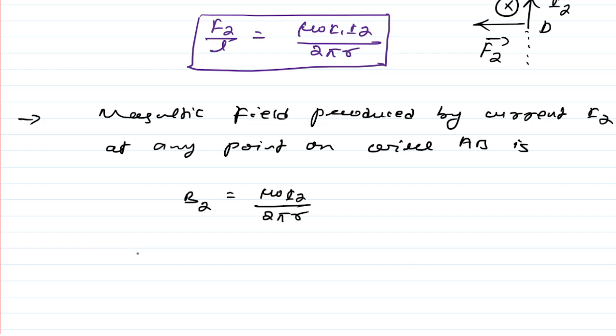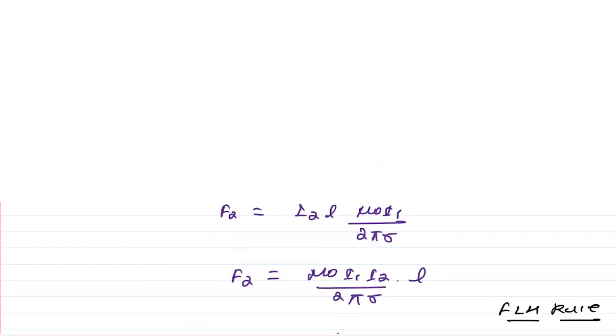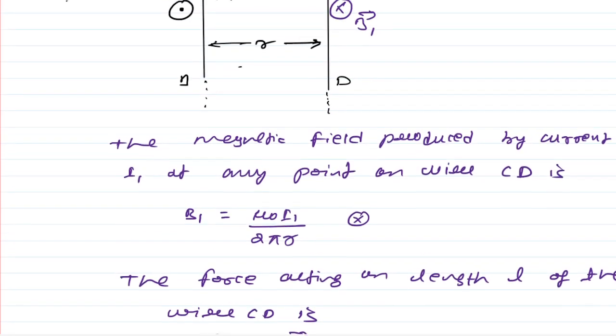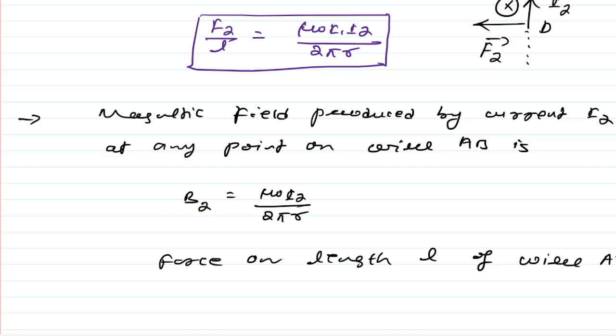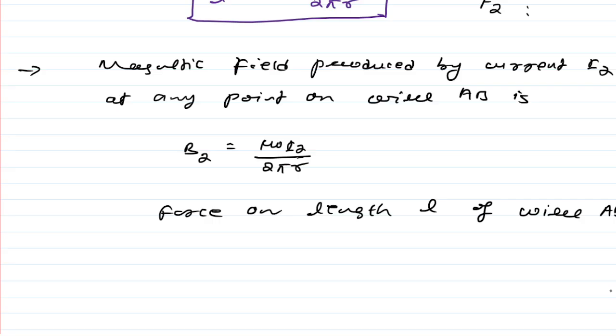And now the force, since this first conductor AB carrying current I1 is placed in magnetic field B2, which is produced by CD wire, so force on length L of wire CD, not CD, of wire AB. Now on AB we are calculating force.